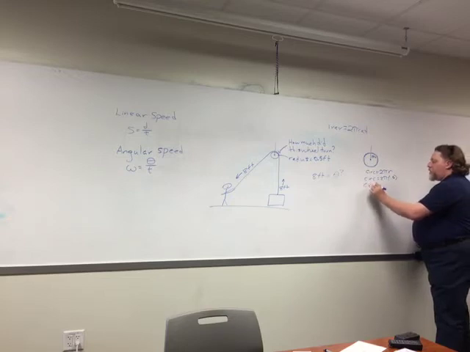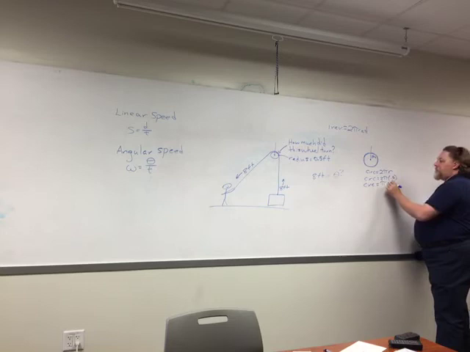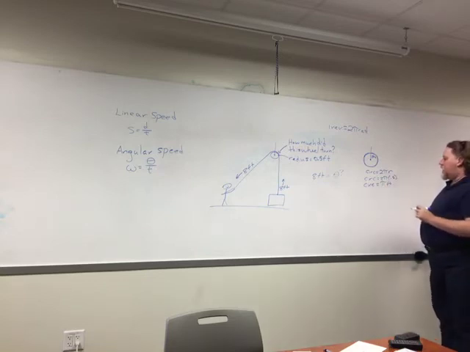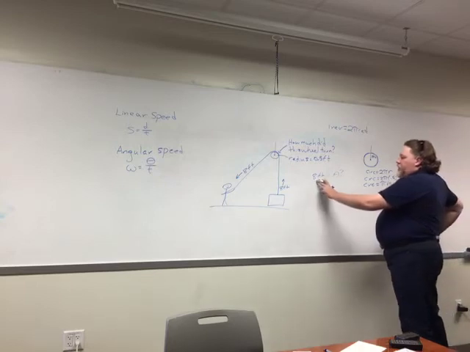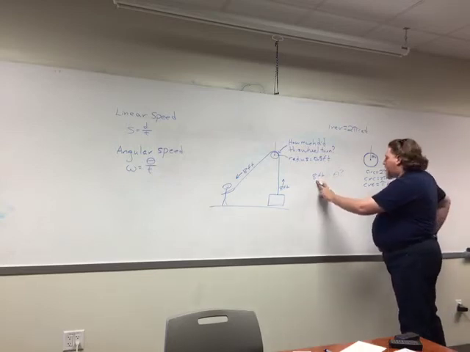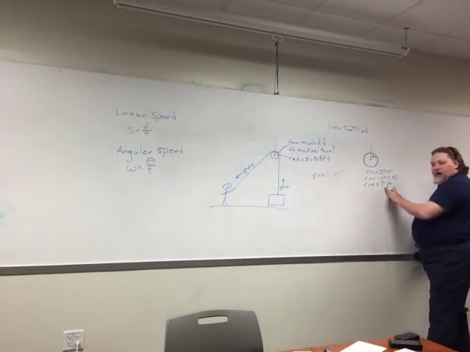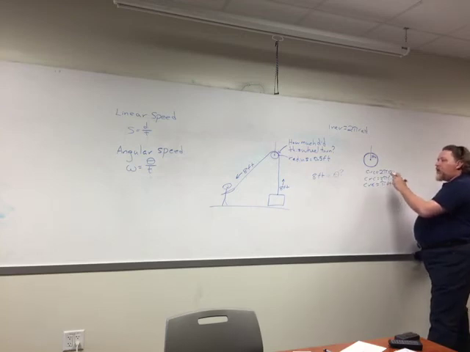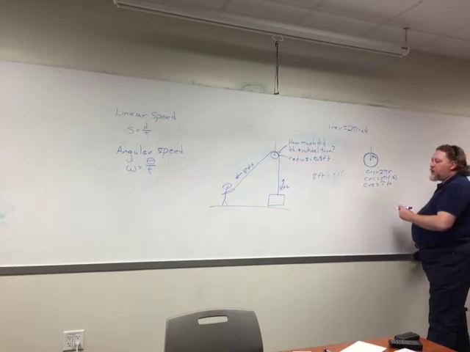So the circumference in this case is pi feet. So we know that the wheel went 8 feet, and each pi feet is 1 revolution because the circumference is the same thing as a revolution.